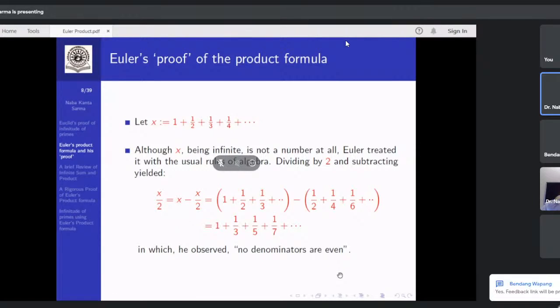Then what is left is 1 plus 1 by 3 plus 1 by 5 up to so on. And you observe that he is left with a series in which no denominator is even. So the number 2 and all the multiples of 2 are missing.